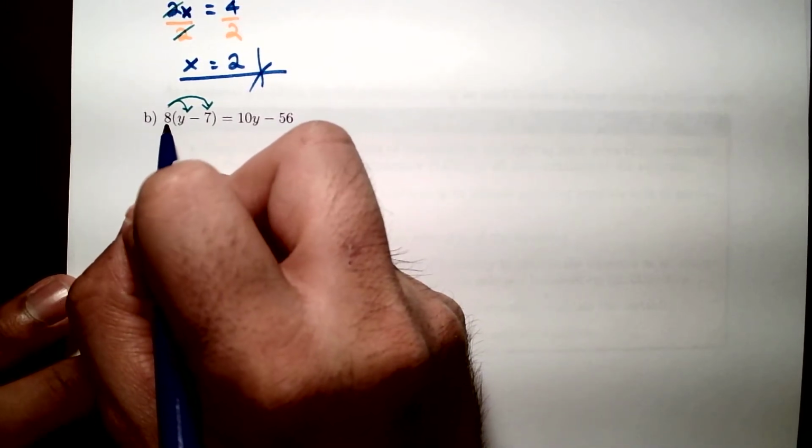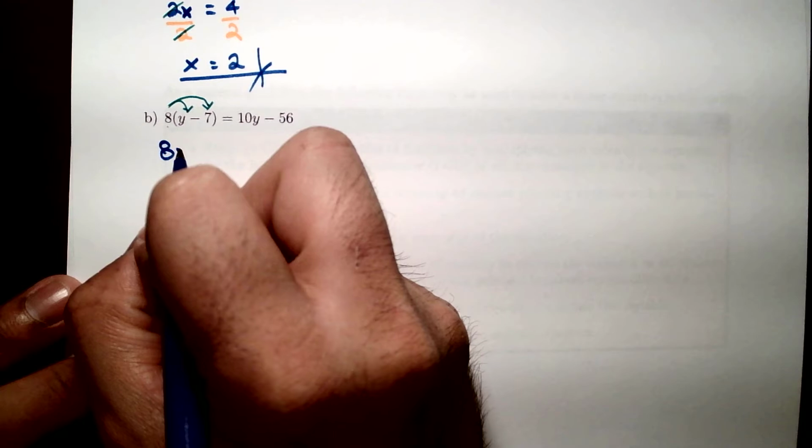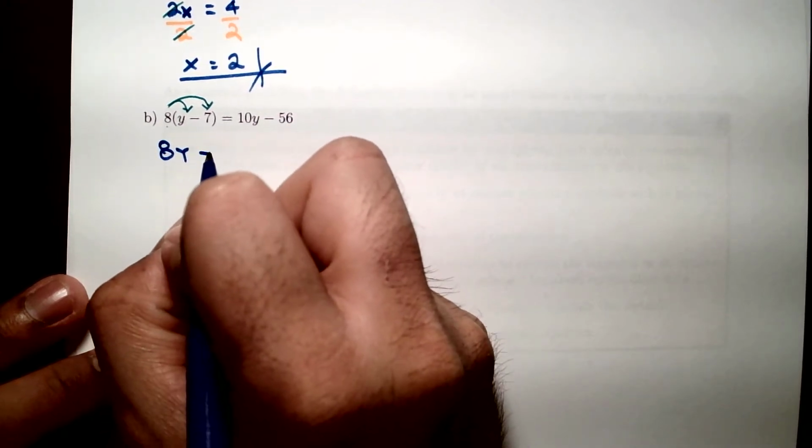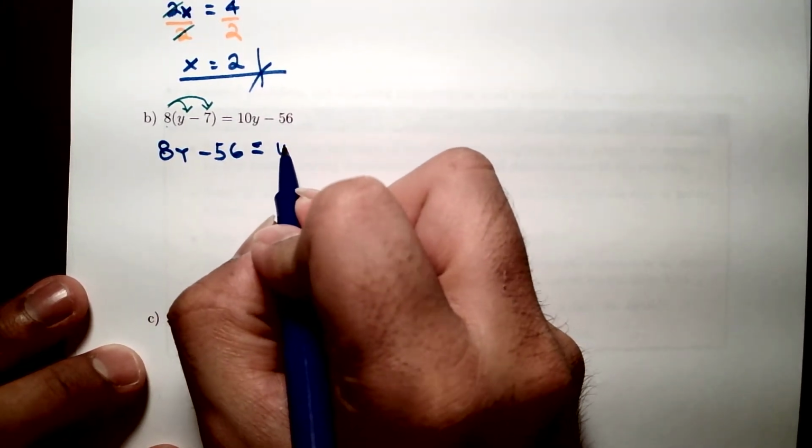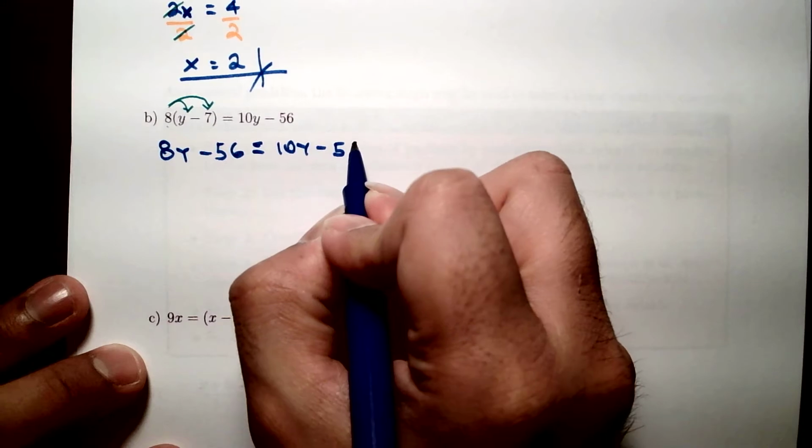So I'm going to multiply 8 times y, which gives me 8y, and 8 times -7, which is -56. The right hand side of this equation remains the same, 10y minus 56.